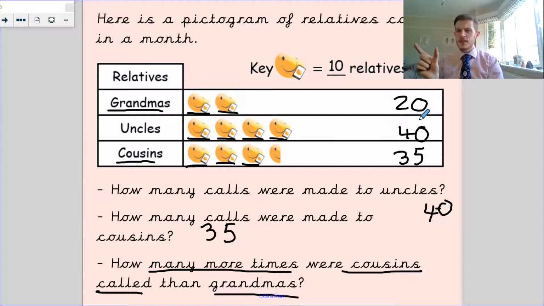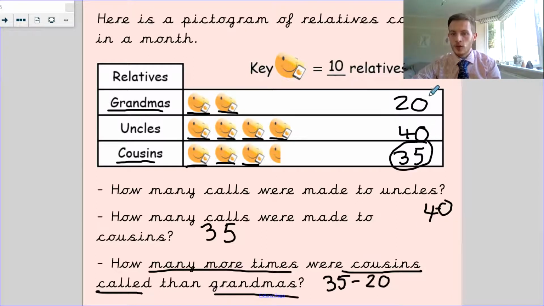Or to find the difference of something, what you can do is you can do the biggest number and you can take away the smallest number out of the two numbers that we've got. We've got these two numbers, so the biggest number is 35 there. The smallest number is 20. And if we take them away from each other, it'll tell us what the difference is, how much difference there is between 35 and 20.